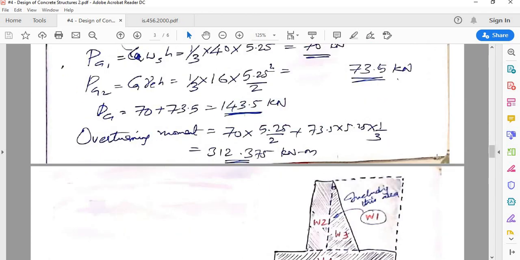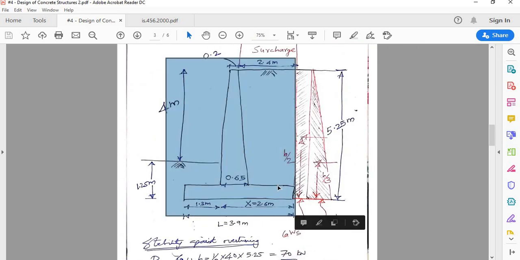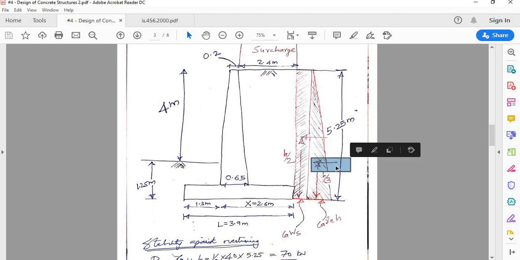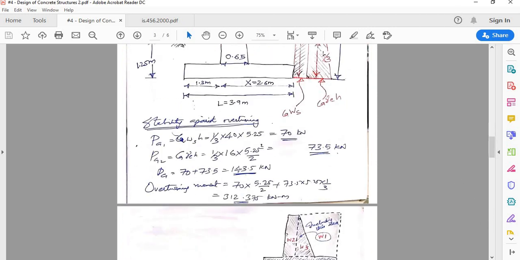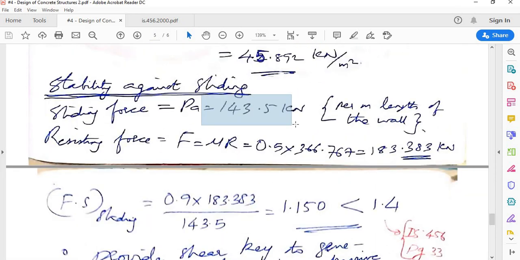If you imagine it, this is the retaining wall, and the sum of these two forces PA1 and PA2 is the one that is trying to slide the retaining wall to the left direction on my screen. So this is the magnitude 143.5, the force that's trying to slide.